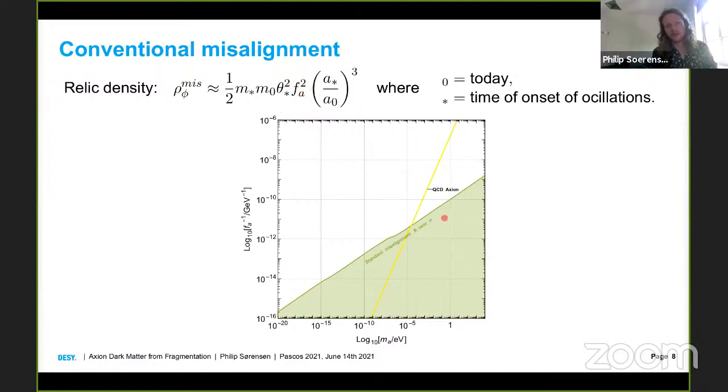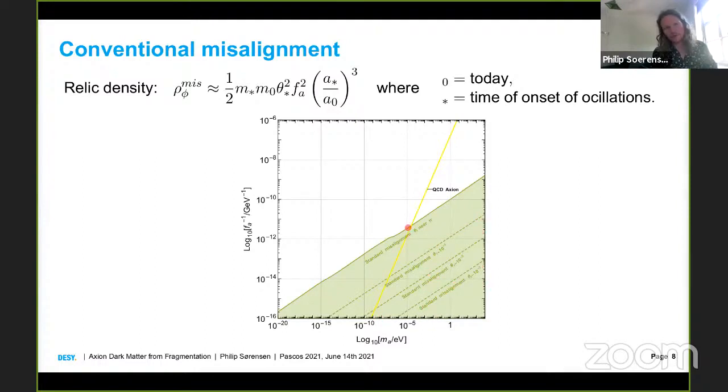And this means that if you try to go to higher Fa, which confusingly means down due to this weird convention, then you will begin to overproduce dark matter. Now you can of course compensate this by tuning towards the bottom of the peak. So if you're aiming to do this tuning, conventional misalignment can produce dark matter in this high Fa regime.